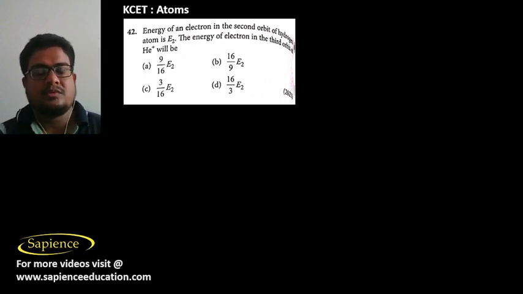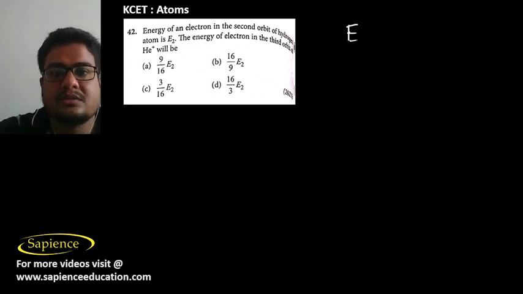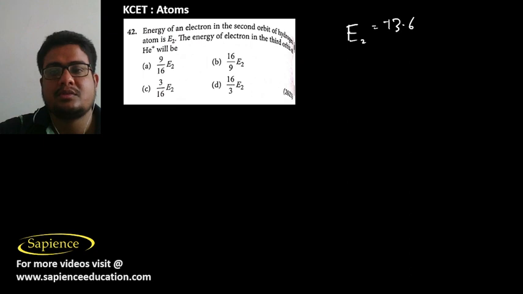And in question number 42, it is told that energy of an electron in the second orbit of hydrogen atom is E2. So it means that it is minus 13.6 into 1 by 2 square.